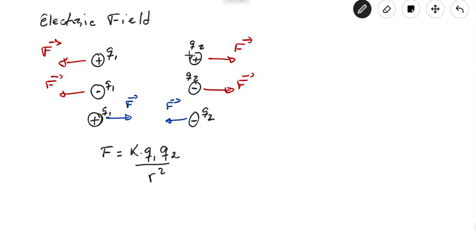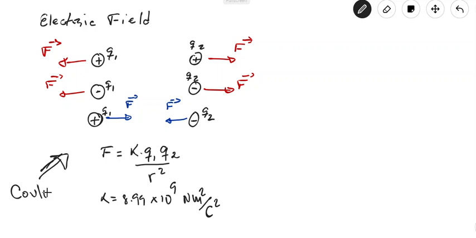And K is the Coulomb constant, which equals 8.99 times 10 to the 9, or 9 times 10 to the 9 newton meter squared over coulomb squared. So we know this about the Coulomb force. This is Coulomb's law.